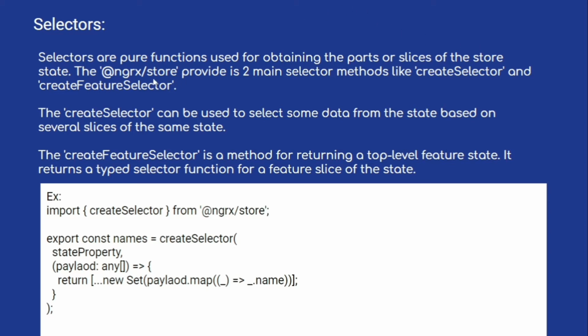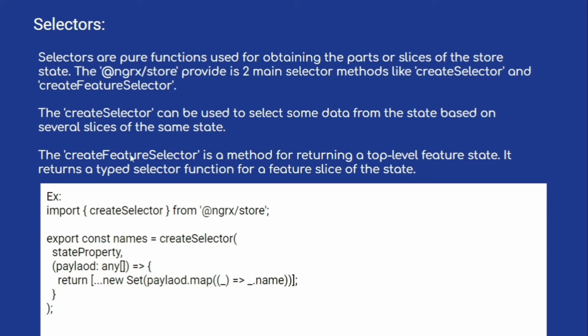So NgRx store provides two main selector methods: createSelector and createFeatureSelector. The createSelector can be used to select some data from the state based on several slices of the same state. So createSelector means if you want to dig deeper, more and more deeper data can be easily fetched with createSelector.